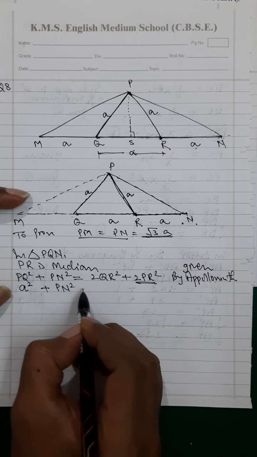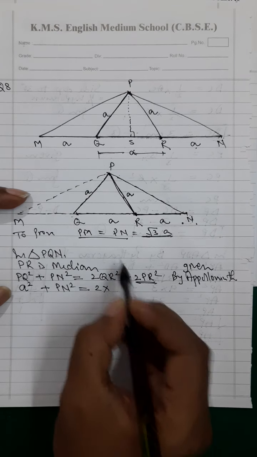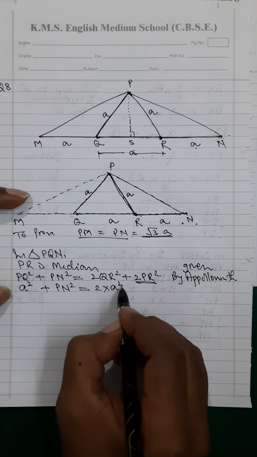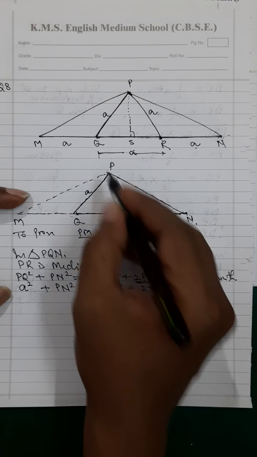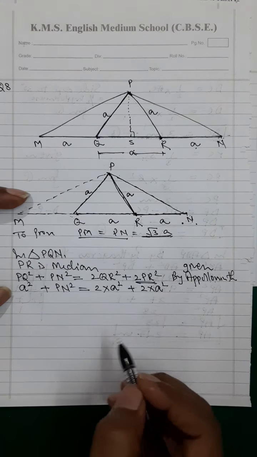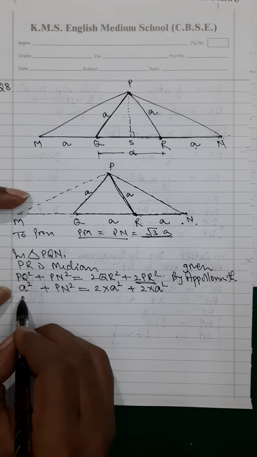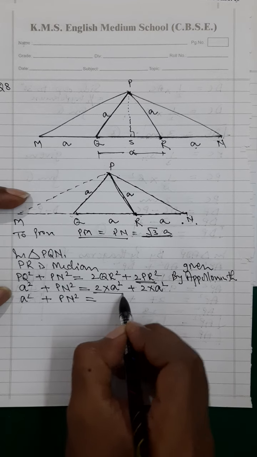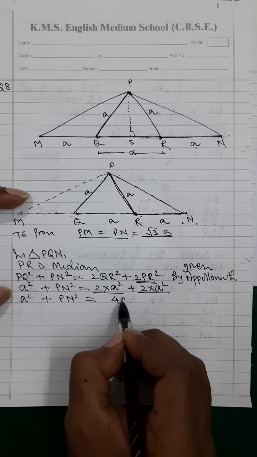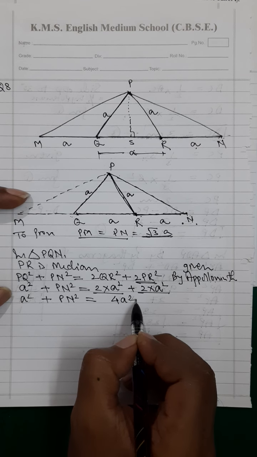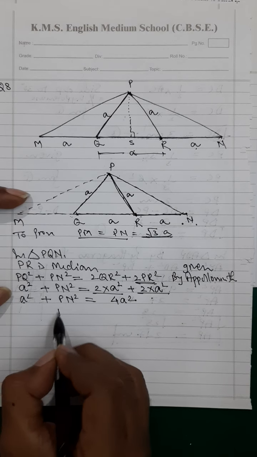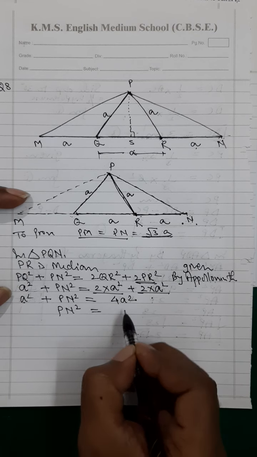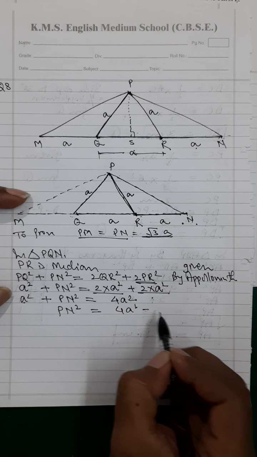PN we have to find. 2 into QR is again A, so square. PR is again A, so square. So here A square plus PN square is equal to 2A square plus 2A square, 4A square. A square will shift on the other side because I have to find PN. I want to make PN alone.